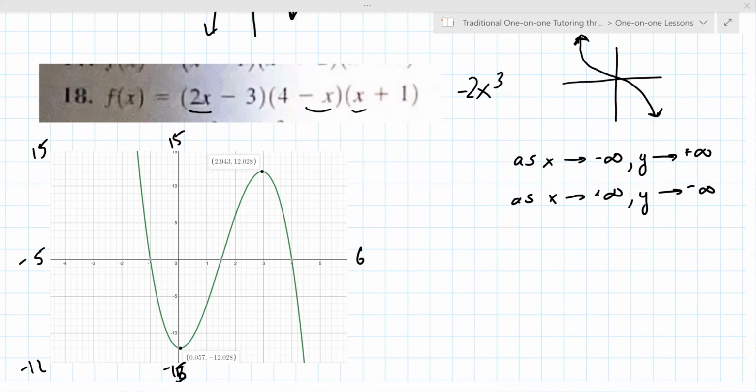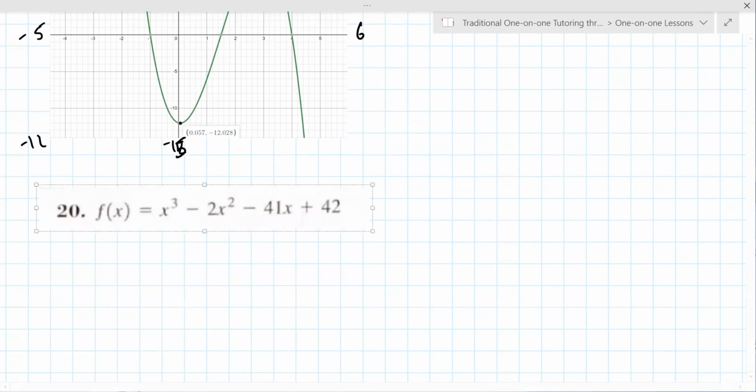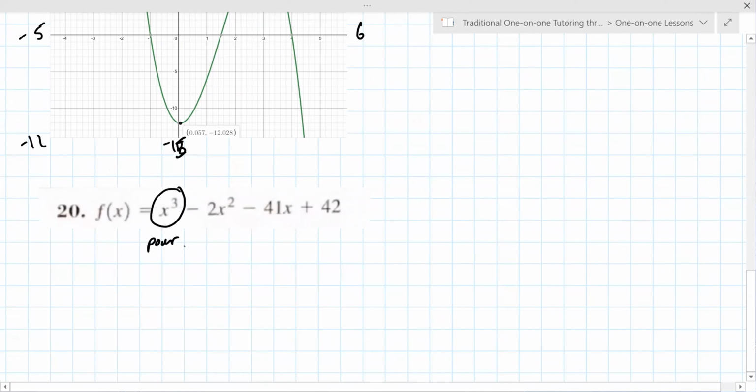All right, number 20. The analysis that I did in the top right comes from this term right here, the power term or the leading term. All this other stuff is irrelevant. You just have to figure out what the highest degree term is, and what an x cubed looks like.